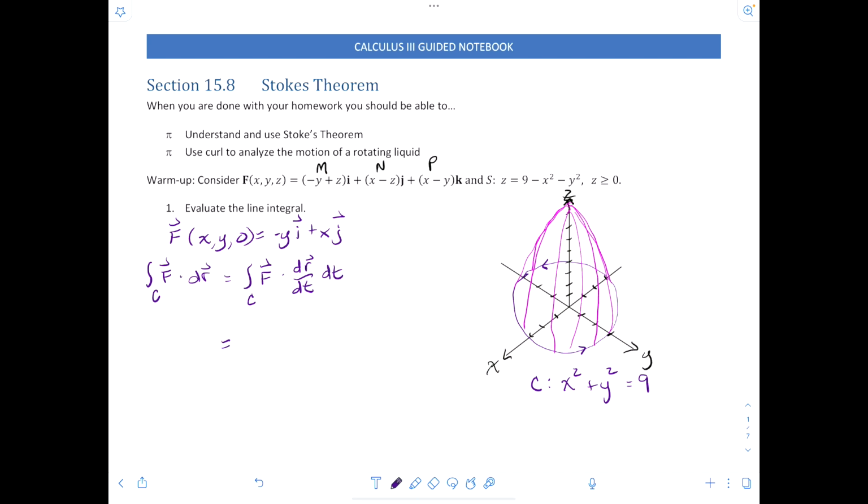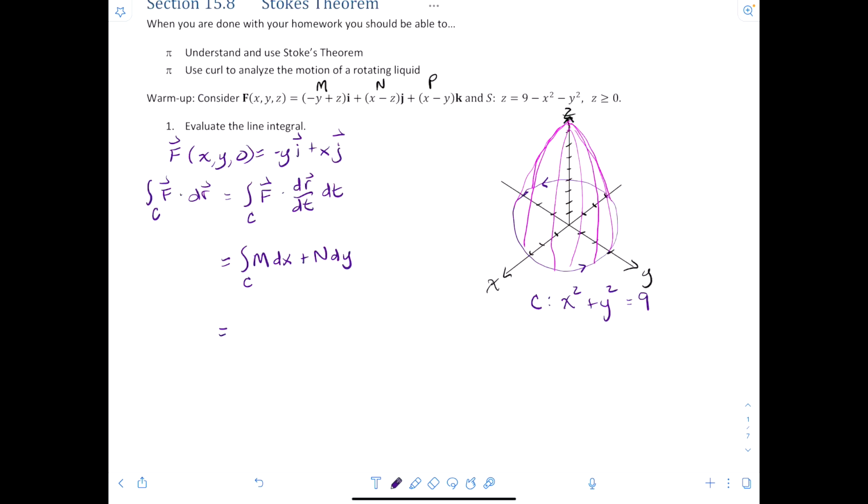And that in turn will be the integral over C of M dx + N dy. And this will give us the integral over our boundary of −y dx + x dy. Cool so far?